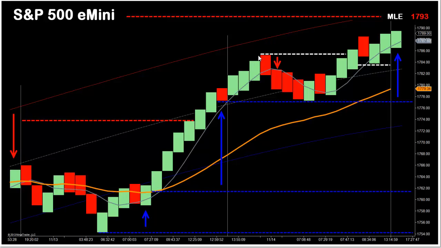1785. As the S&P rallied up to its new multi-year high, there was a minor pause level at the 1777 price area, which we identified in yesterday's market structure commentary.